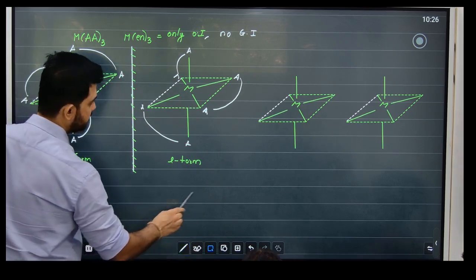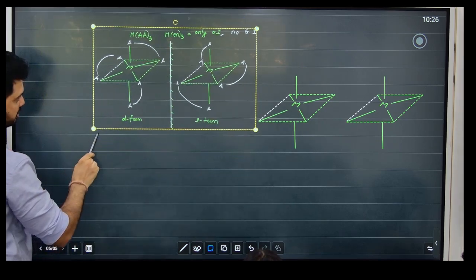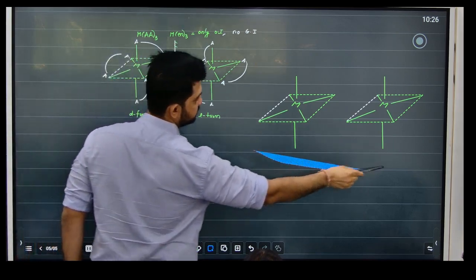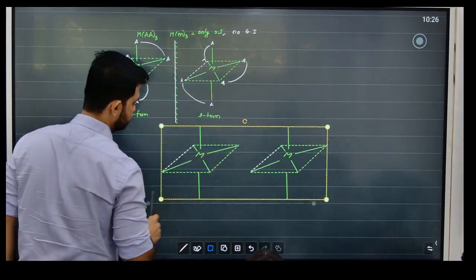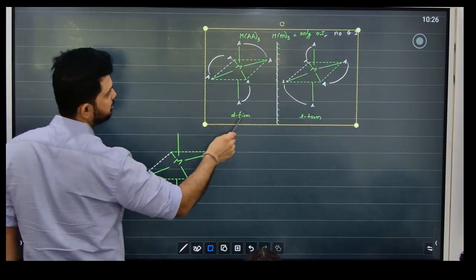Now, let's take an example to understand this. What is the bidentate that we have taken here?